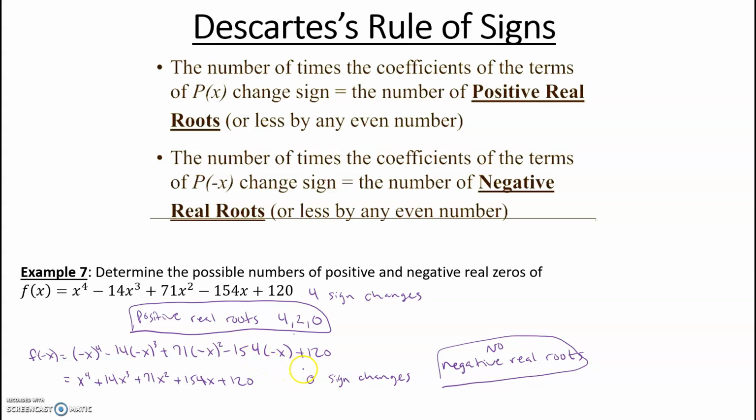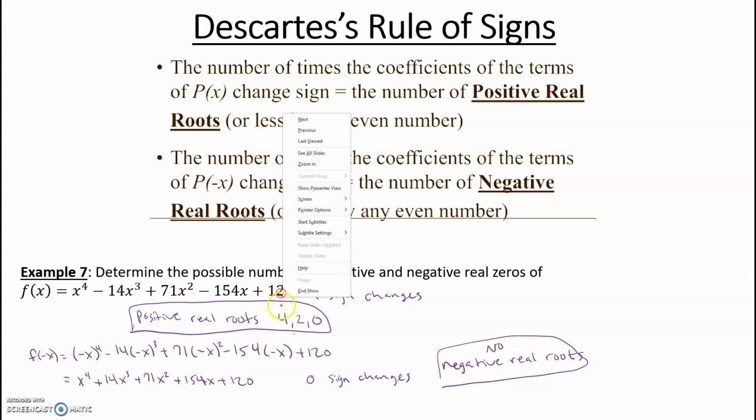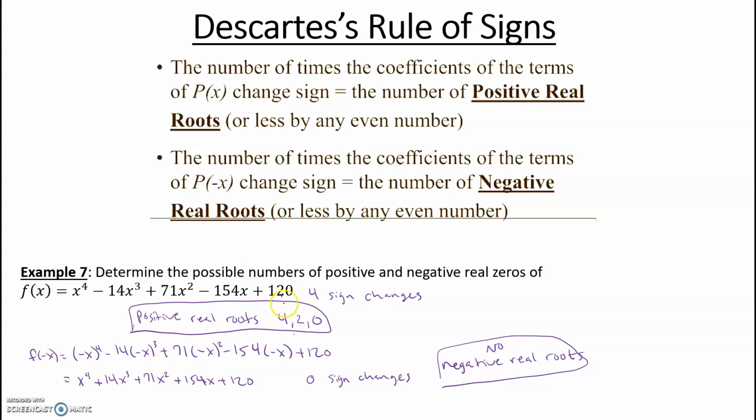So how could this have helped us in the beginning? Think about it. We would have had all those plus or minus for 120. You would have had so many of them, right? Plus or minus.